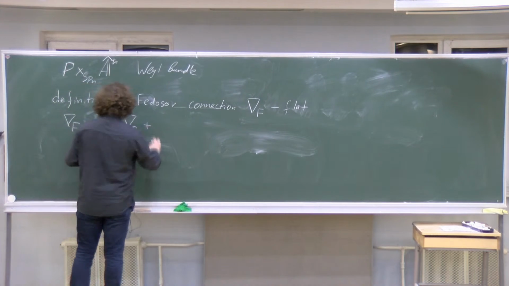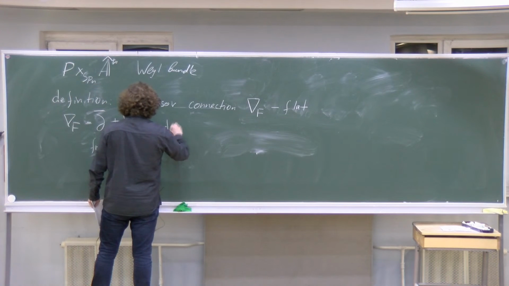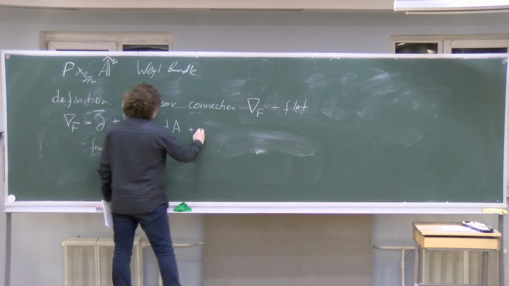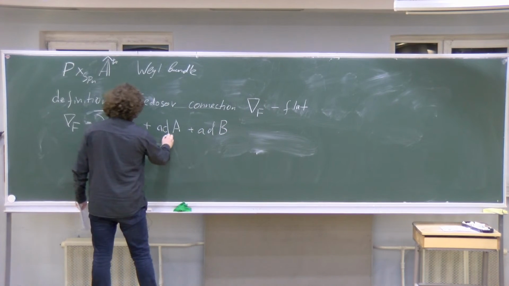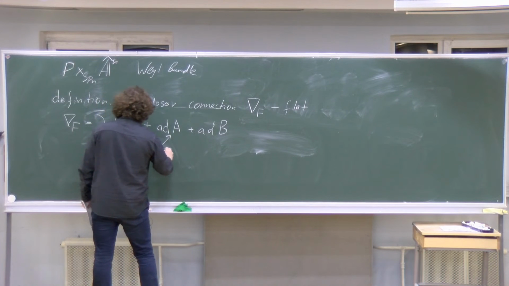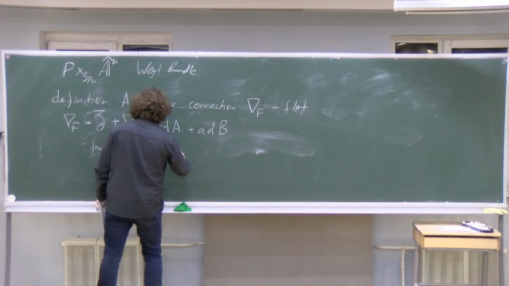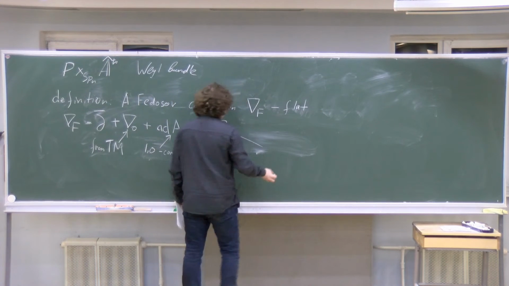And we also need two types of components. So this one is holomorphic type. And this one is anti-holomorphic one.